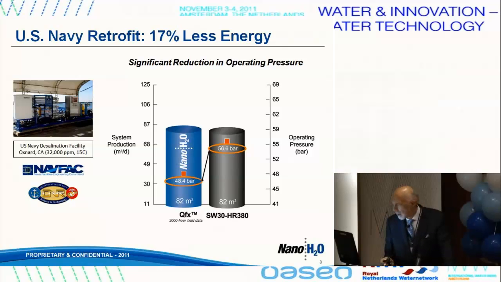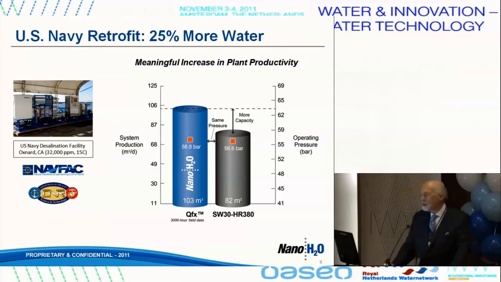So the other way to look at this is operating at the same pressure. Here's an example where we took a standard membrane and operated at the same pressure and got 25% more water. There's a balance here, and the important factors are salinity and temperature, so you don't always get these numbers at every place.